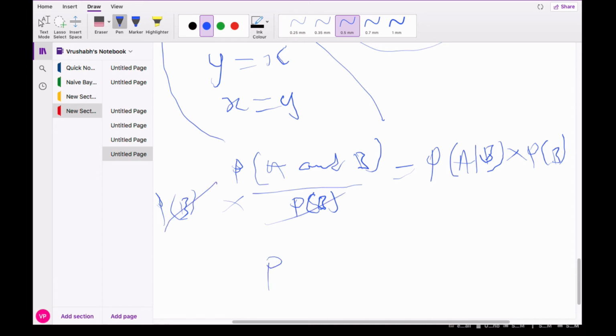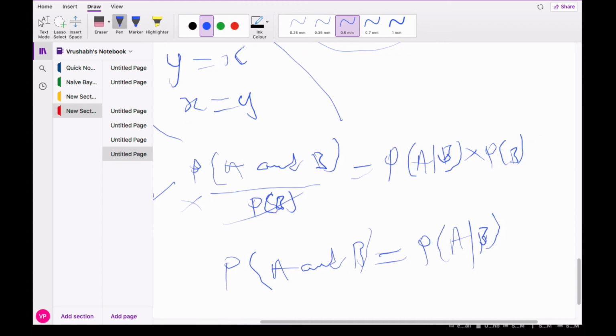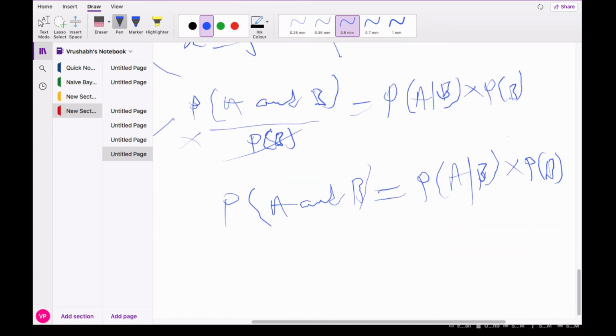Then I'm going to get the probability of A and B over here to be equal to the probability of A, given that B has already happened, multiplied by the probability of B. So this is basically what I will get over here.